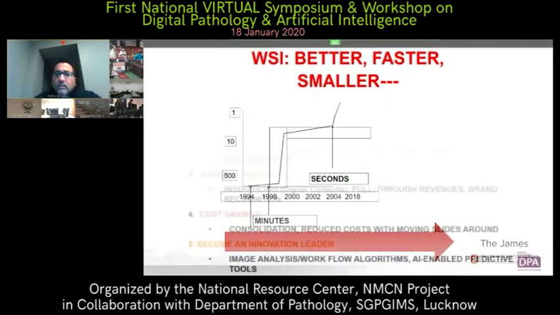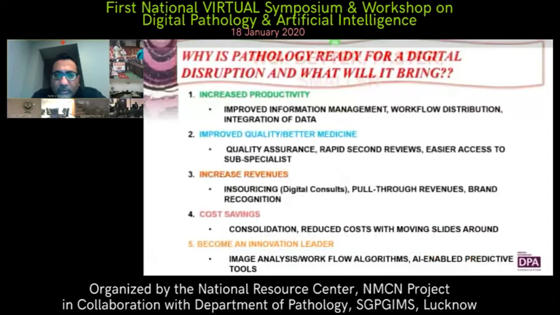So overall, these are the value propositions. Our goal when we digitize the workflow is to increase the productivity of the systems, improve information management, and distribute cases. It also improves the quality of my diagnosis, so I can rapidly share a case with a second pathologist in real time.